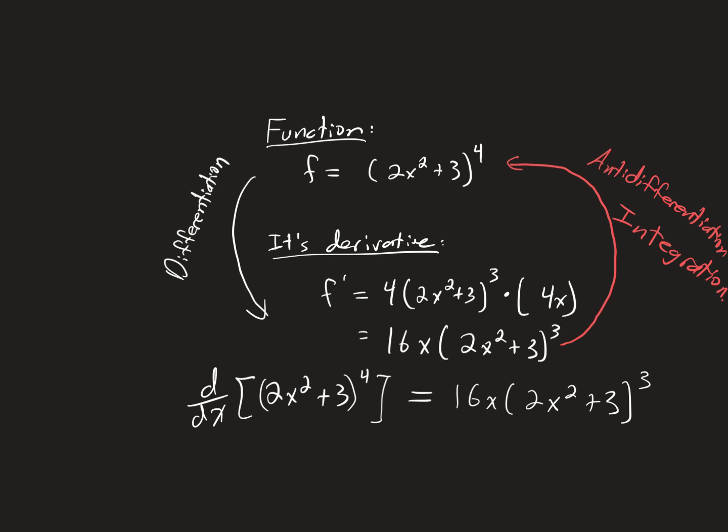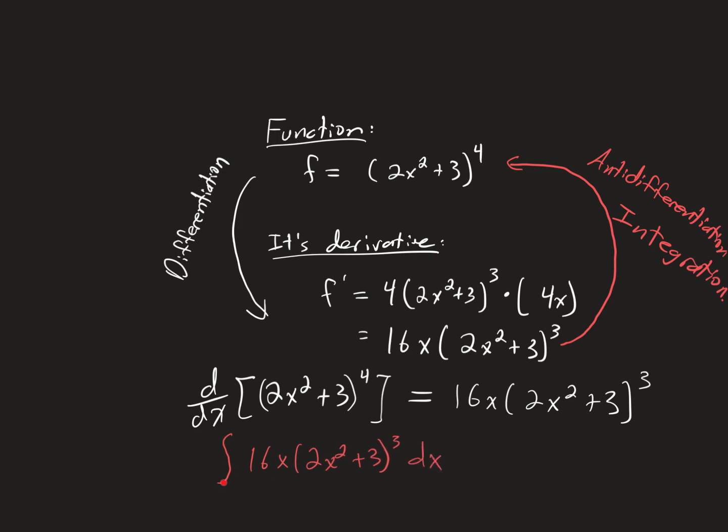Now, if we wanted to go in the opposite direction on the anti-differentiation arrow, we would start with this function, and then this is going to be our answer. The way that notation looks is we take an indefinite integral, so it's the integral of 16x times 2x squared plus 3 raised up to the third dx.